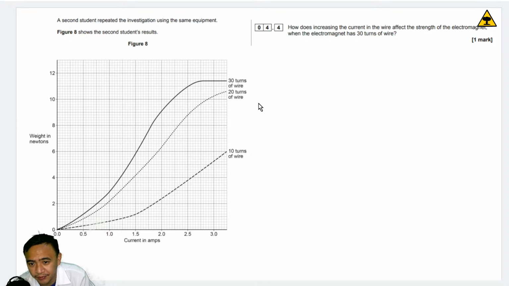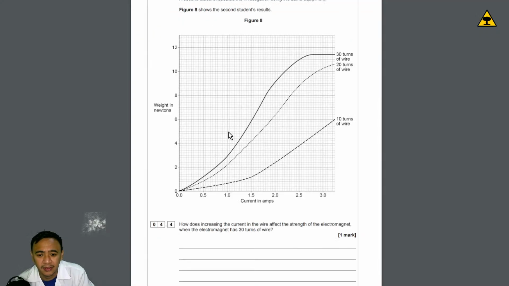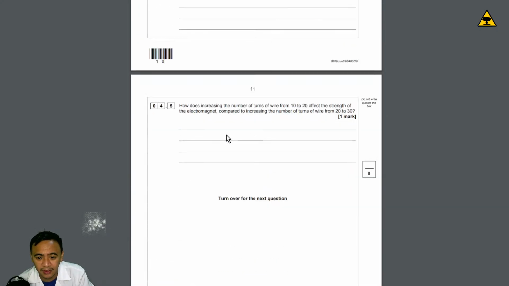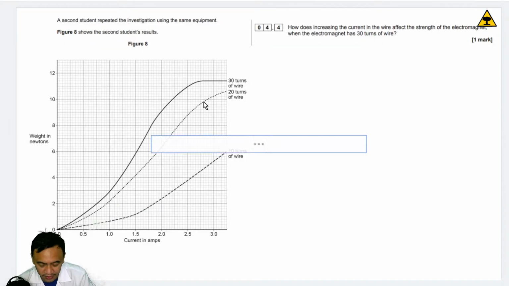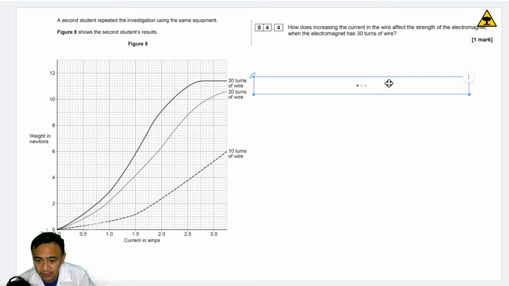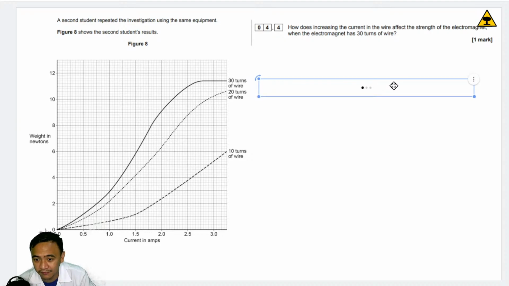Correct. So around 11.4. Good. So, how does increasing the number of turns in the wire from 10 to 20 affect the strength of the electromagnet? Compare that to increasing the number of turns of wire from 20 to 30. So first from 10 to 20, and then from 20 to 30.